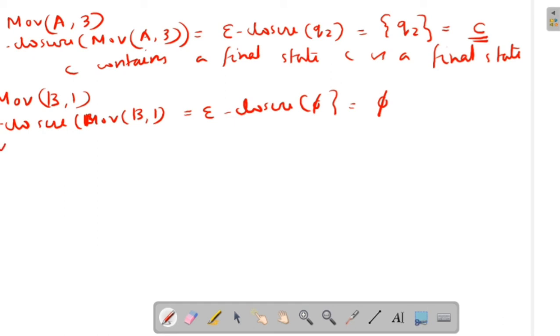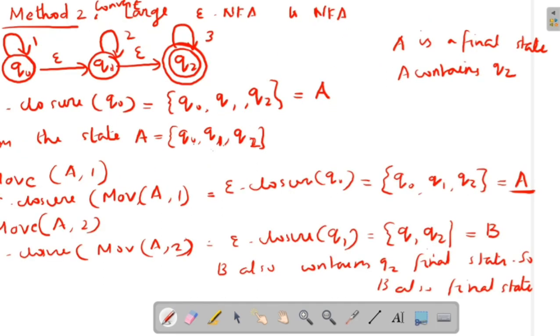Okay, next to find out what is move of B comma 2. That is epsilon closure of move of B comma 2. So you know B is equal to q1 q2. Find out if there is any transition over the alphabet 2. Okay, so q1 q2.